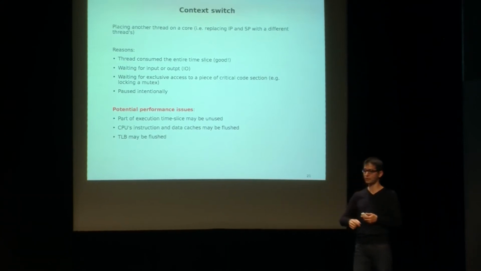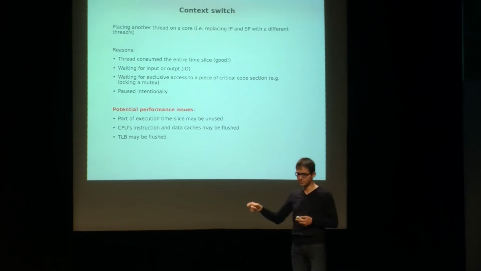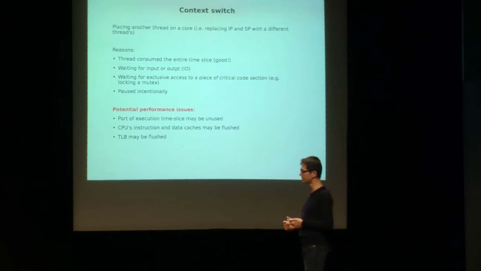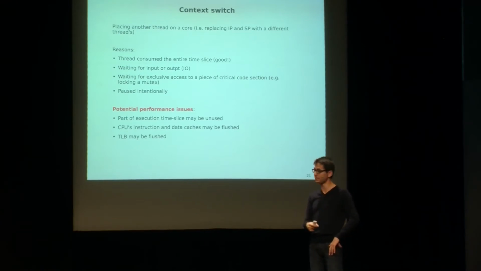So that new thread will touch code areas and data areas in memory where they will hit the 100 clock cycle TLB plus the 200 clock cycle cache miss penalties to warm up those caches for themselves. That's why a context switch can be a very expensive thing.